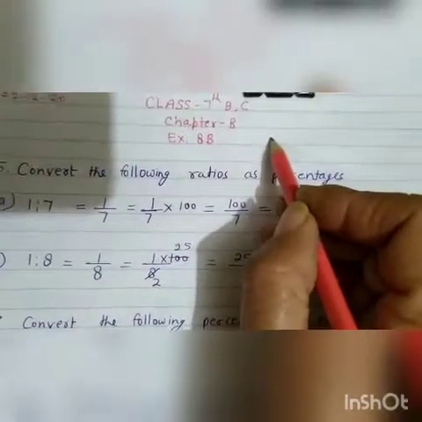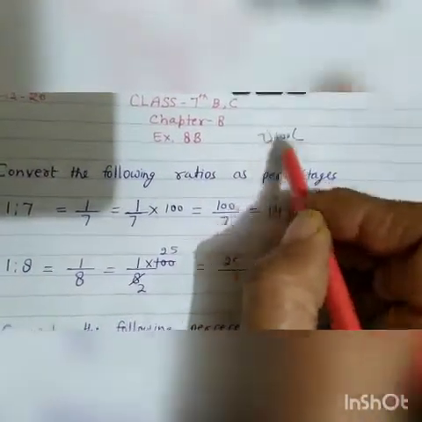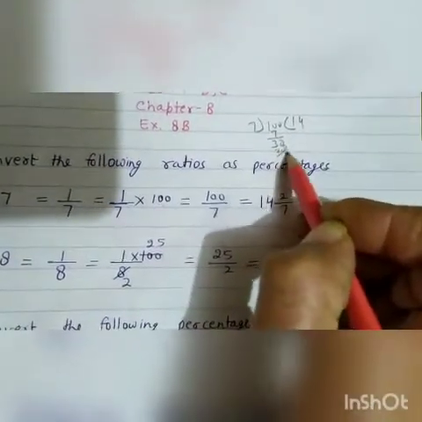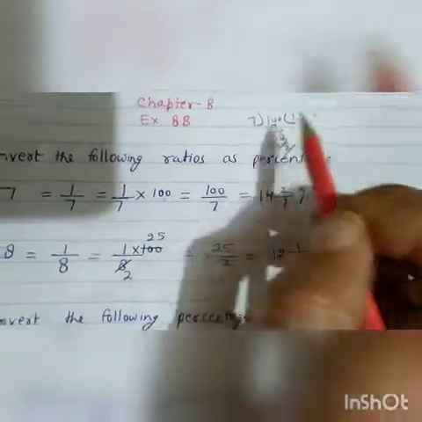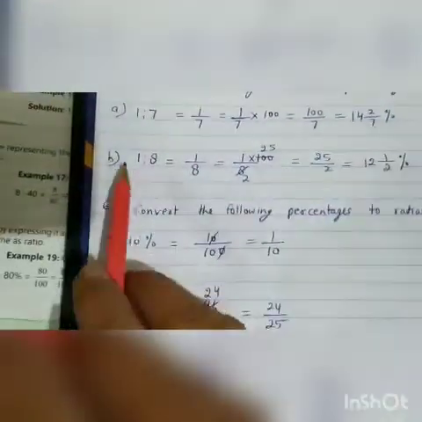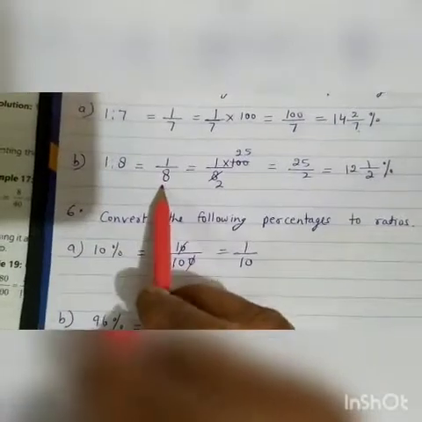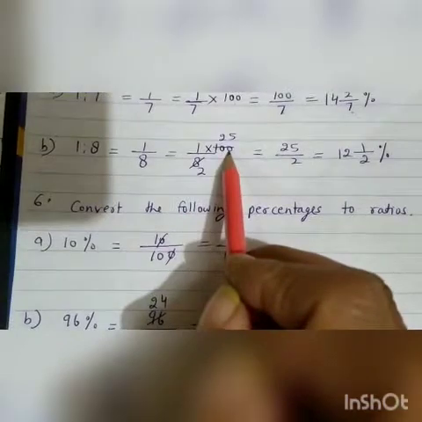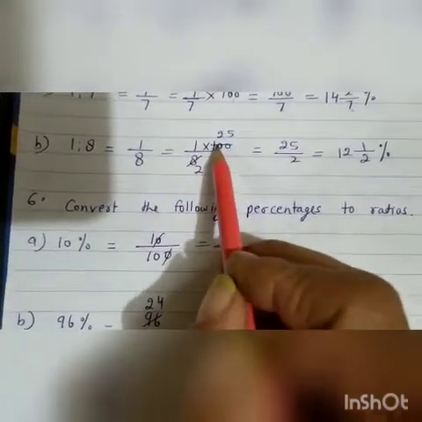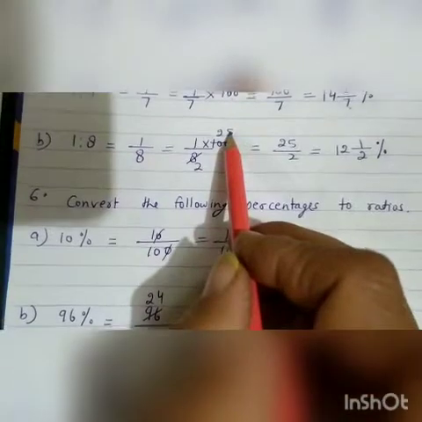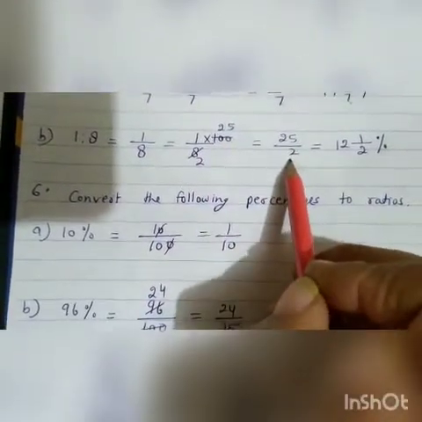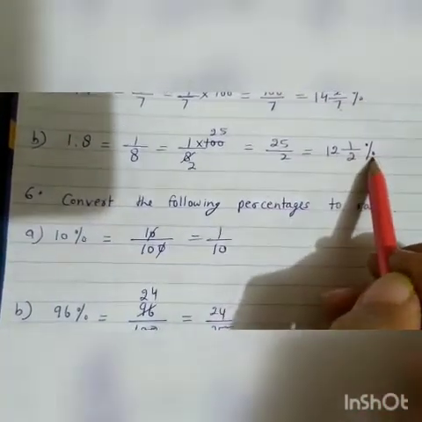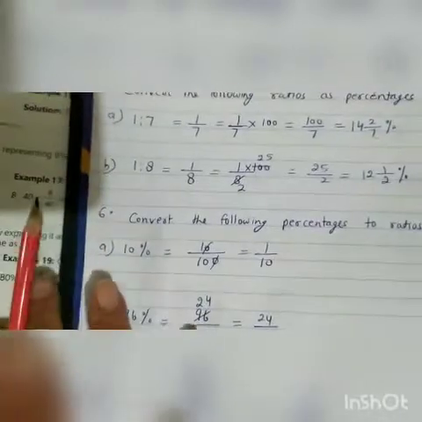If we divide 100 by 7, 7 times 1 is 7, remainder 3, 0, 7 times 4 is 28, remainder 2. So 14 2/7%. Now B part is 1:8, which can be written as 1/8. Now this 1/8 will be multiplied by 100, then simplify it: 4 times 2 is 8, 4 times 2 is 8, remainder 2, 20, 4 times 5 is 20. 25 times 1 is 25/2. In the same pattern, when we divide 25 by 2, we get 12 1/2%. The remaining part you will do yourself.